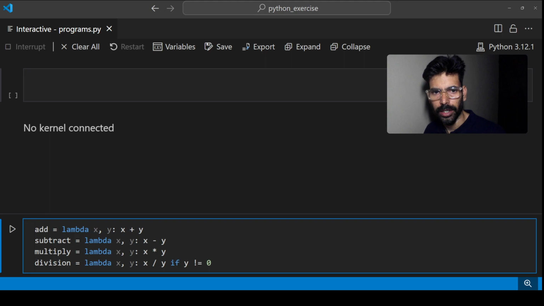As you know, we cannot divide any number by 0. Else, division by 0.